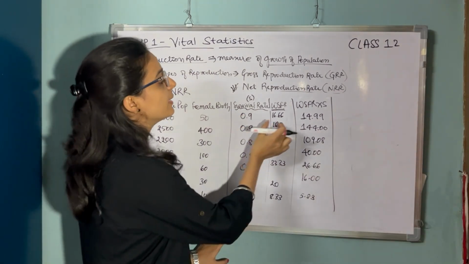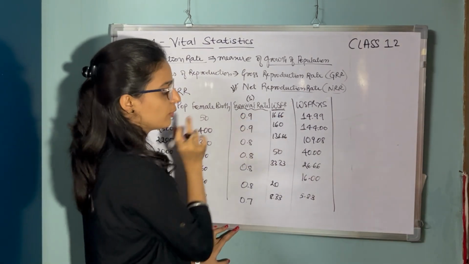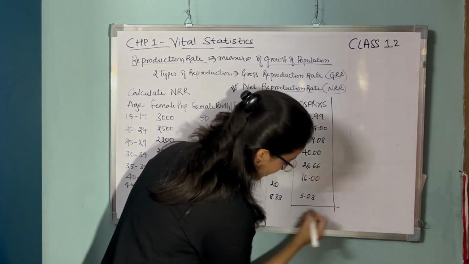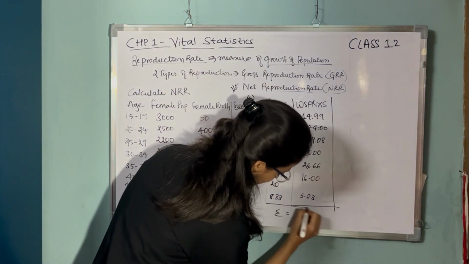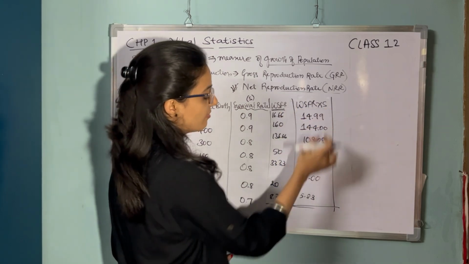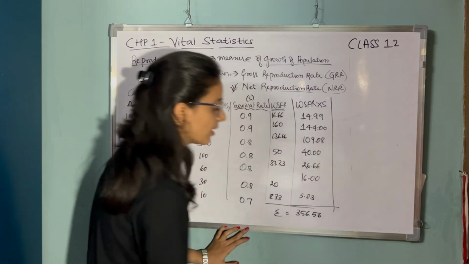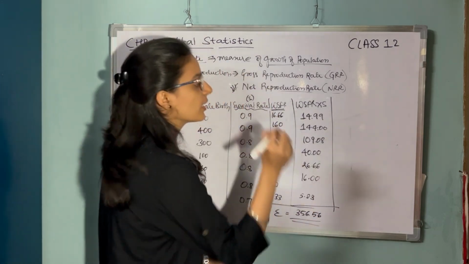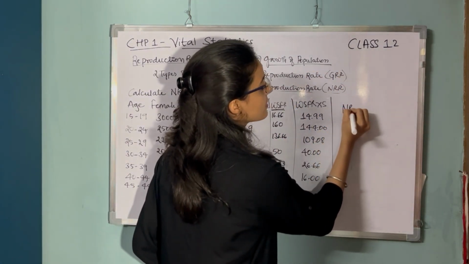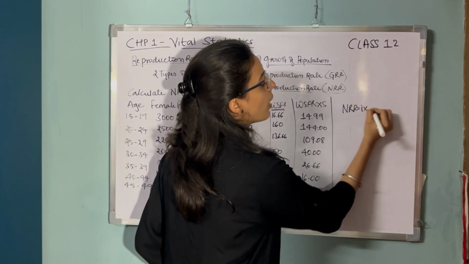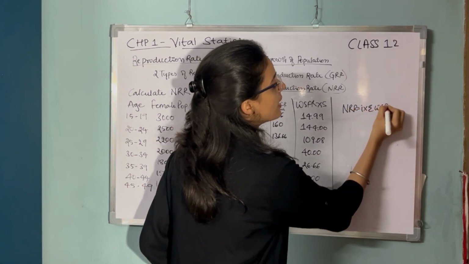Now that we have multiplied WSFR into survival rates, let's take the summation of this. That is the summation of WSFR into S, which accounts to 356.56.